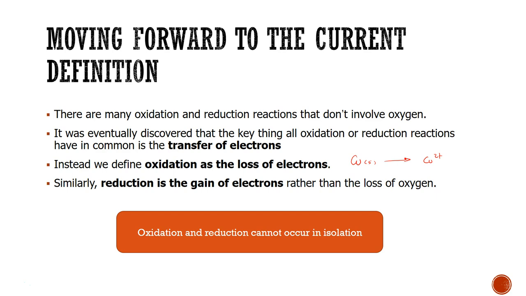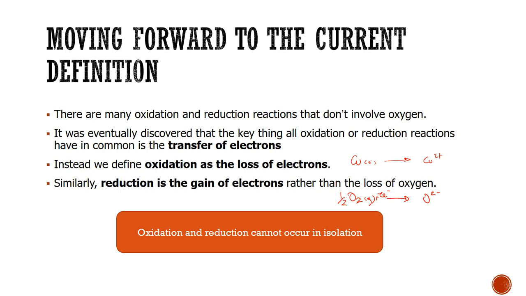So if we look at oxygen gas, when it forms the oxygen 2- anion, and we would form 2 of them, one of these oxygens would gain 2 electrons and we would form O2-. So we can see that we have a gain or loss of electrons in each one.